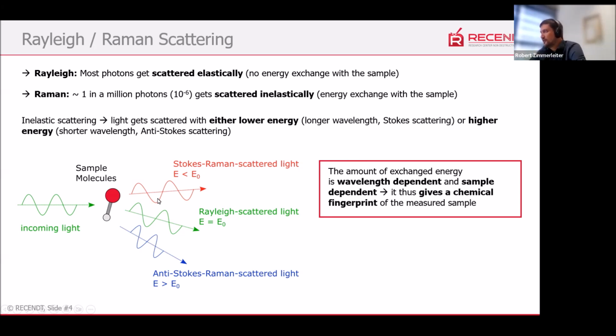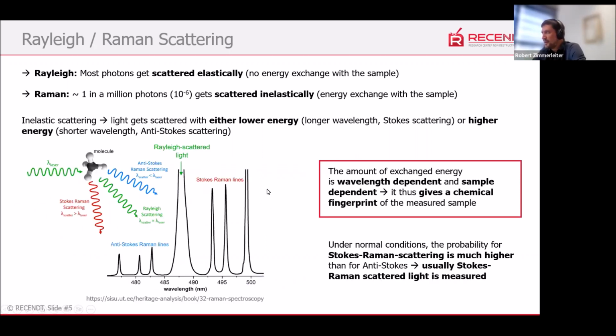And there's also a portion of the light that gets anti-Stokes Raman scattered, which means that it actually has a shorter wavelength after the scattering process, and thus a higher energy than the initial light. Very importantly, the amount of energy that is exchanged with the sample molecule is very much dependent on which molecule is doing the scattering, and thus we can get a chemical fingerprint of the measured sample by looking at the individual energy losses of the Raman scattered light.